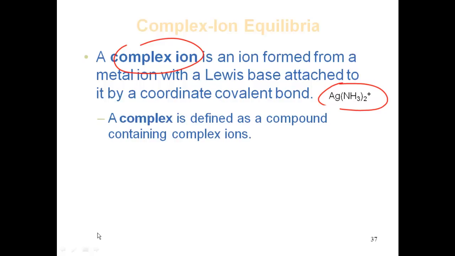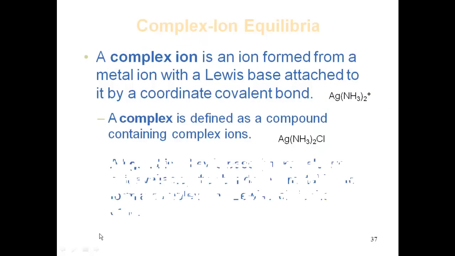So you can have a complex as the cation, and then an anion attached to it to make a compound. An example would be diamine silver chloride. That whole diamine silver has a +1 charge. That's your cation, and then your chloride is your anion with a -1. So it balances out 1 to 1 for the whole compound.